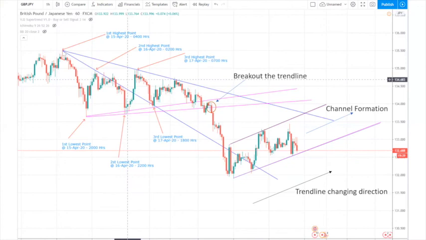I take these two highest points and draw a straight line, and extend the line. Then when the price moved up again, it created another resistance here and moved down, so I take the third highest point, join and draw another line straight away.